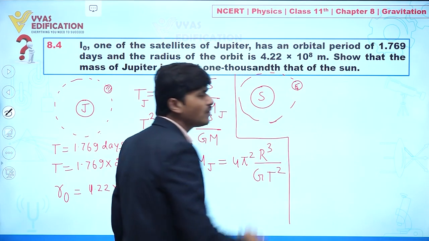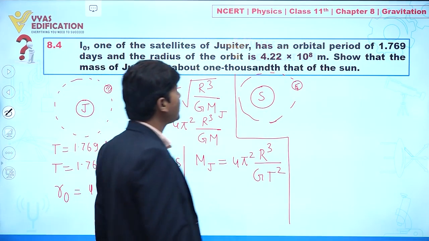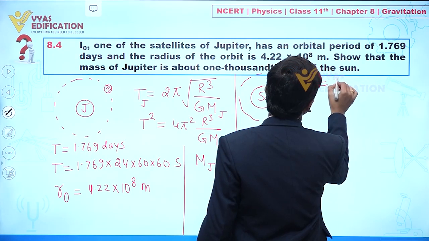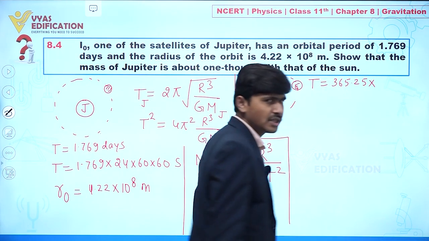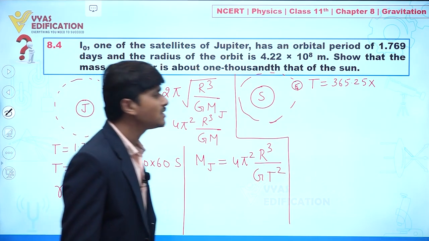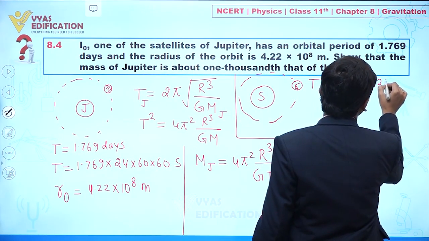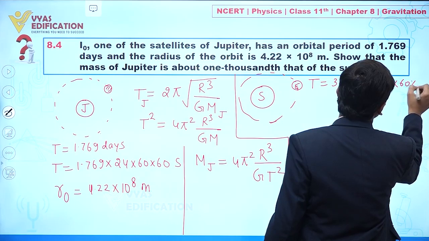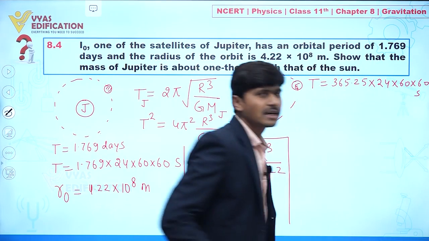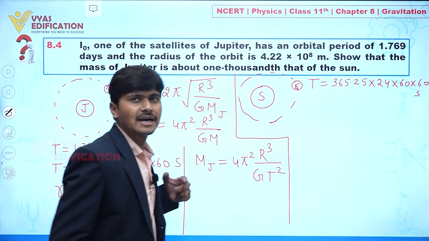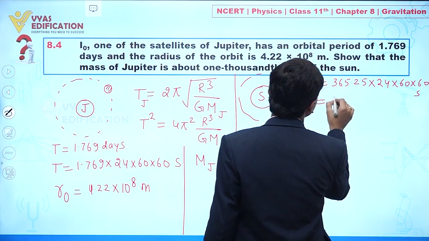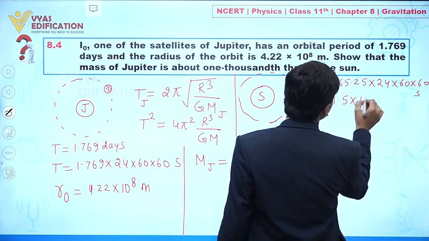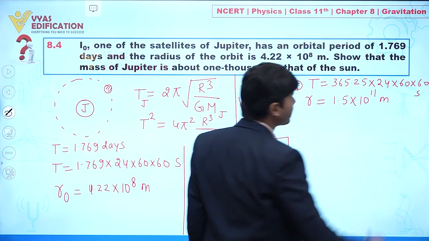Now we know very well the time period is 365.25 days, and if we convert into seconds we can write like this. And the distance between Earth and Sun is given as 1.5 into 10 to the power 11 meter.